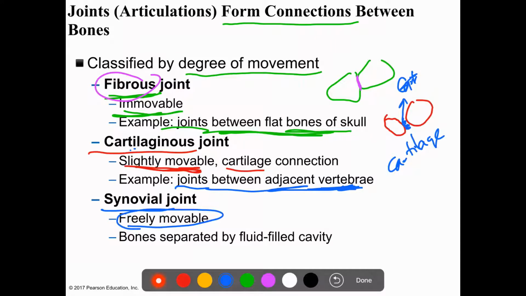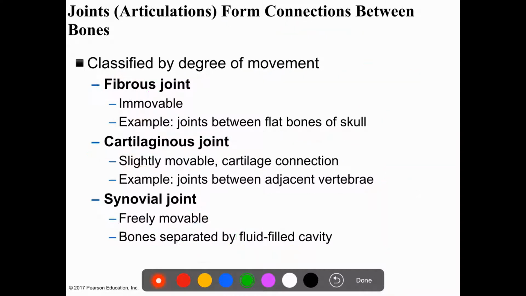And the third type is the synovial joint. These are freely movable joints, and the bones are separated by a fluid-filled cavity. For example, in the knee, we have the femur and the tibia. There is a good space between them, and there is a capsule, and that space is filled with synovial fluid.